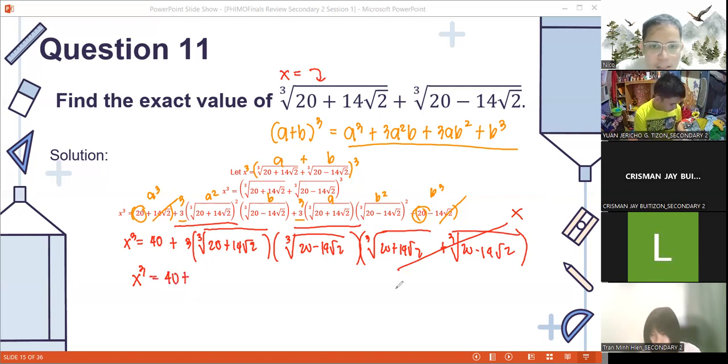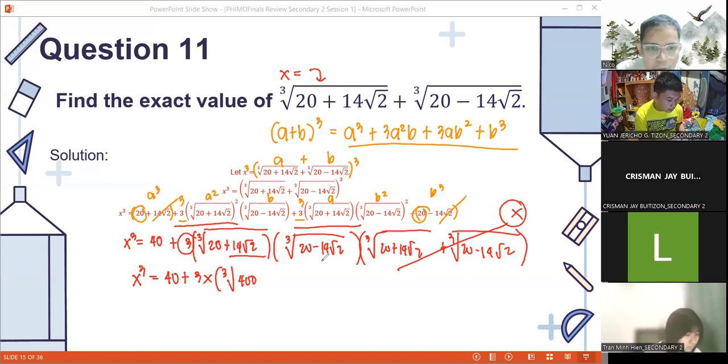40 plus, this is 3x, and then the cube root of 20 times 20, that is 400. Then this is 14 square root of 2 times 14 square root of 2, that's 392, right?